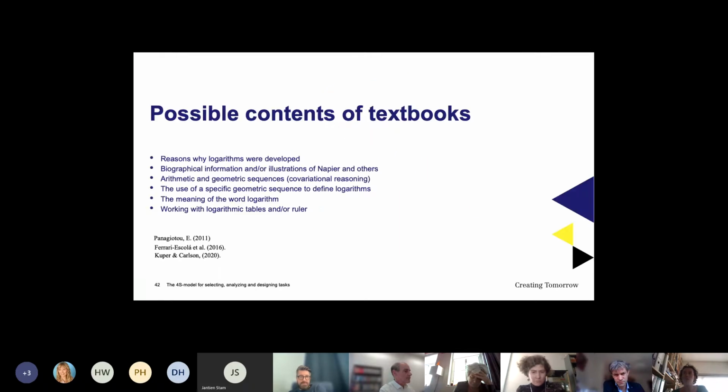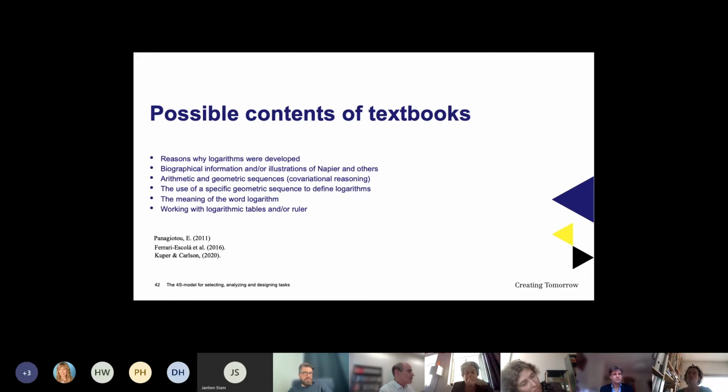Well, there's a lot more that can be said about that, but that was too much to put in this talk, so I made a very short list of possible contents that you could put in textbooks if you want to say something about the reason why logarithms were developed. And in the literature references at the end, you will find some more if you're interested in this specific part.